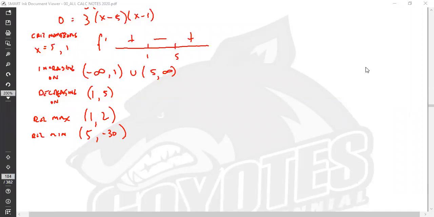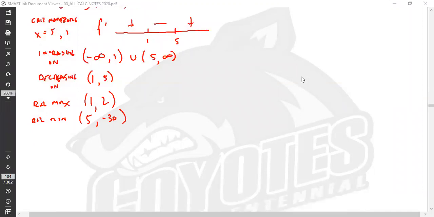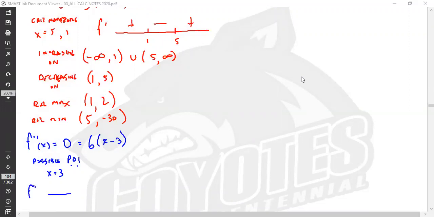All right, so second derivative, f double prime. It's going to equal 0. If I factor that, that's 6 times x minus 3. So you have a possible point of inflection at x equals 3. We look to see what happens to the left and right of 3.